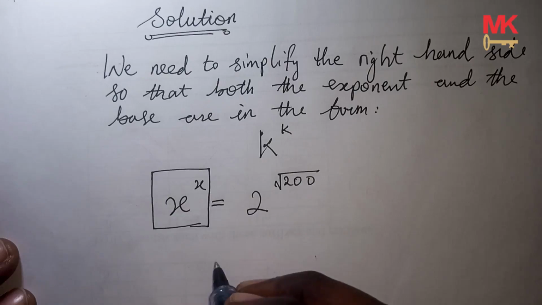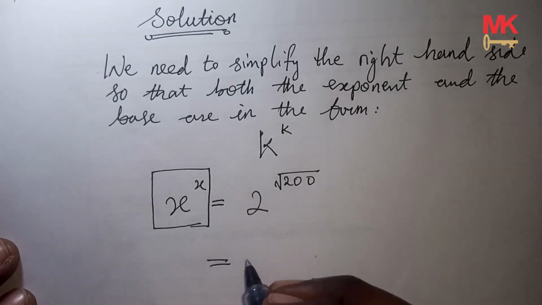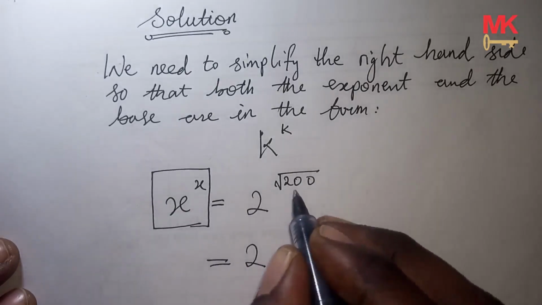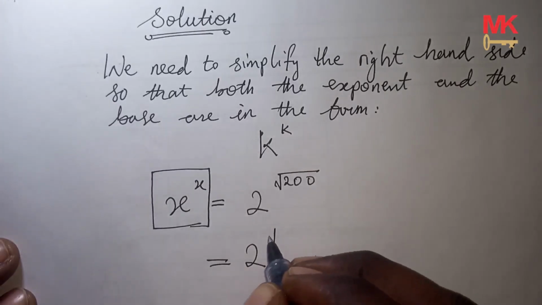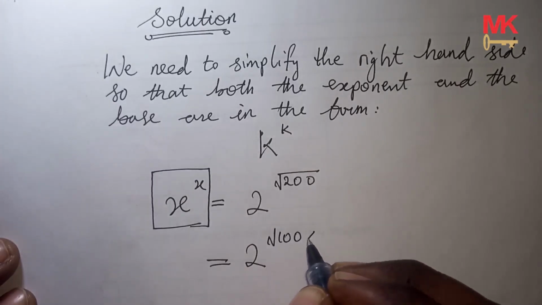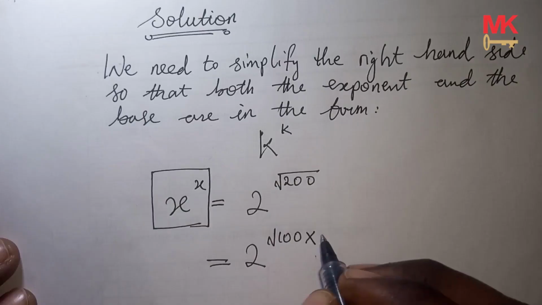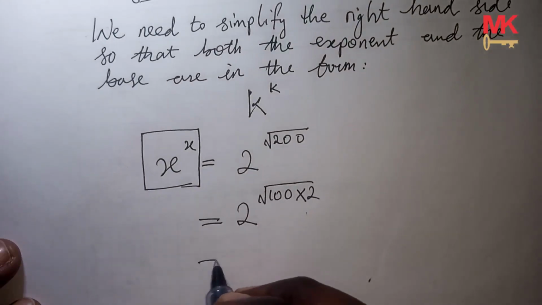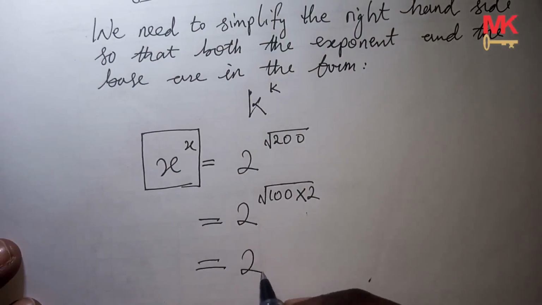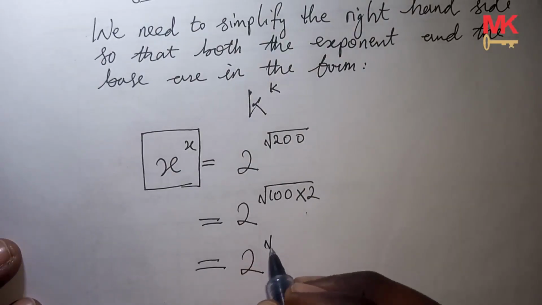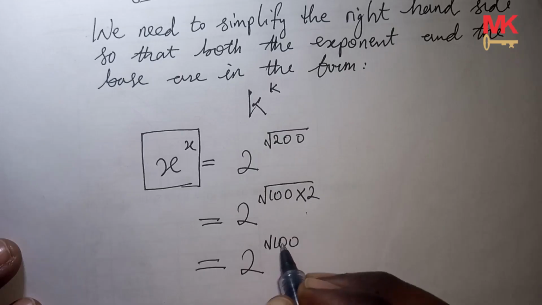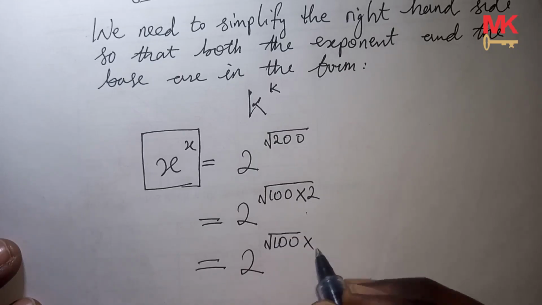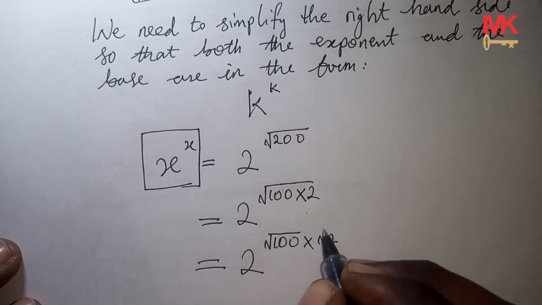Now at the right-hand side, this is 2 raised to power the square root of 200, written as 100 times 2, which is now written as 2 raised to power the square root of 100 times the square root of 2.